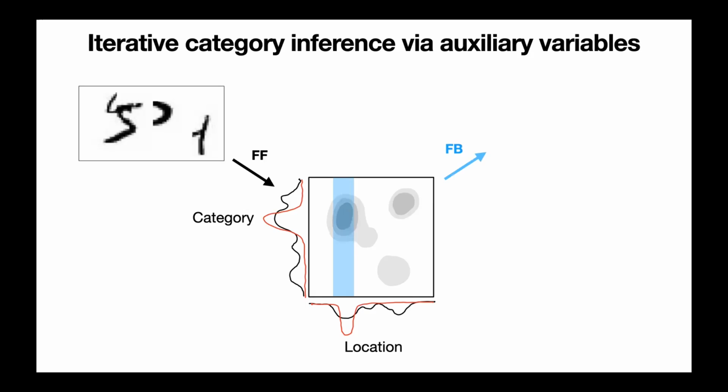Then you can send that information through feedback in such a way as to filter the relevant information from the input or from the previous layers, and then feed forward that information again, so you can do this filtering in an iterative way.